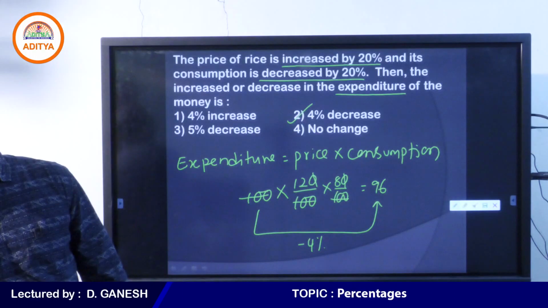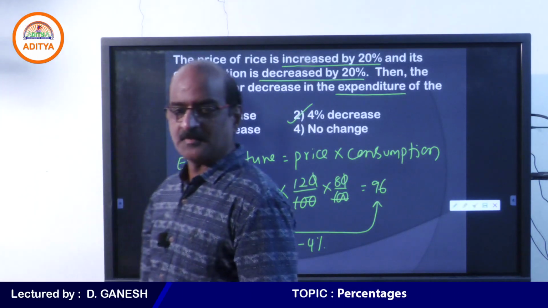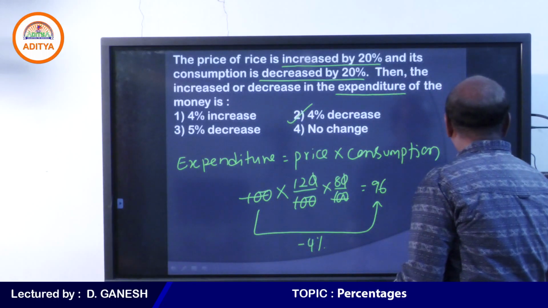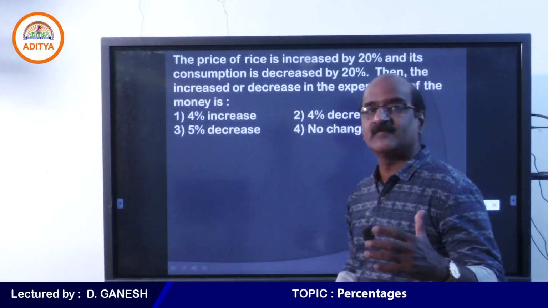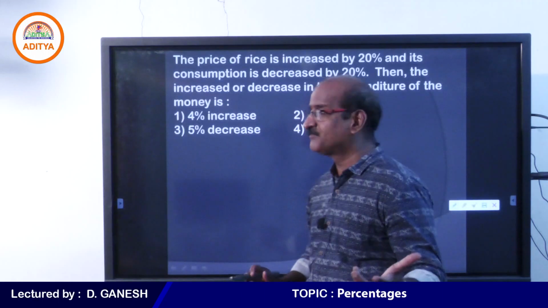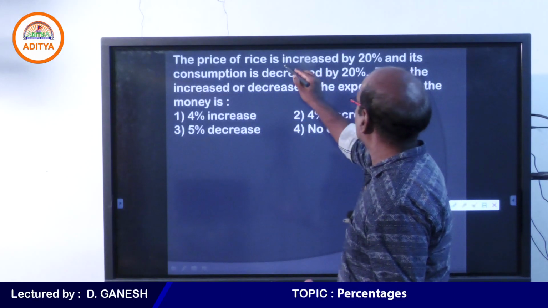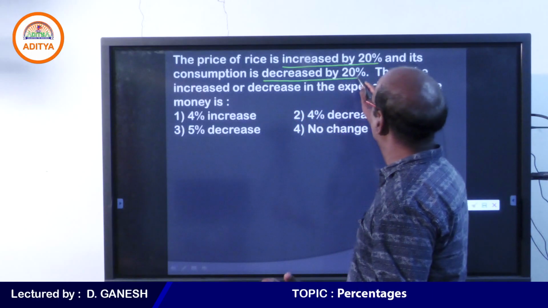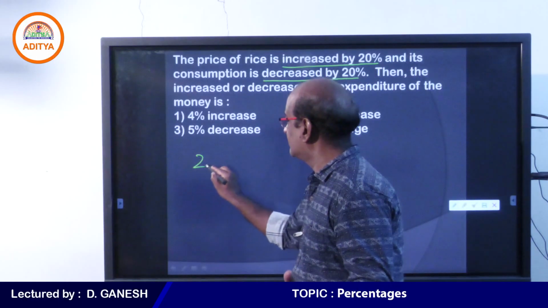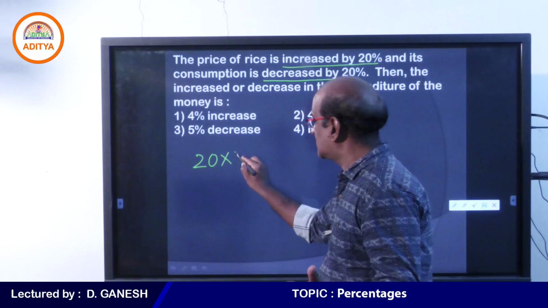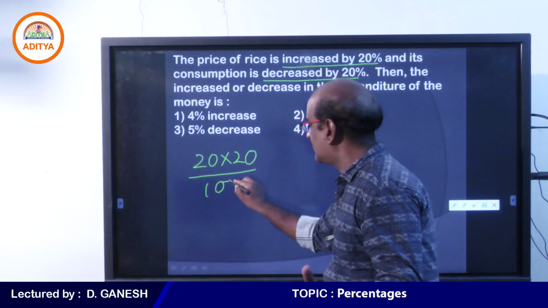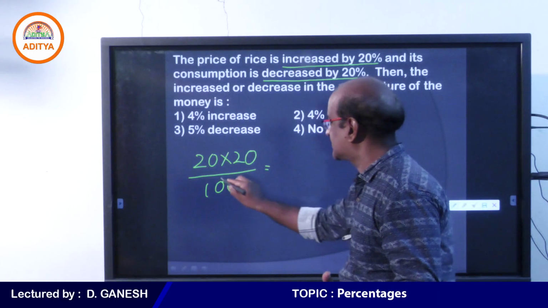Come on, student, please look at the board. Let me give you some interesting point in this. This question we can answer even easier. How do you know? Increased by 20%, decreased by 20%. Whenever percentage increase and percentage decrease are same, you will find only loss in the transaction.